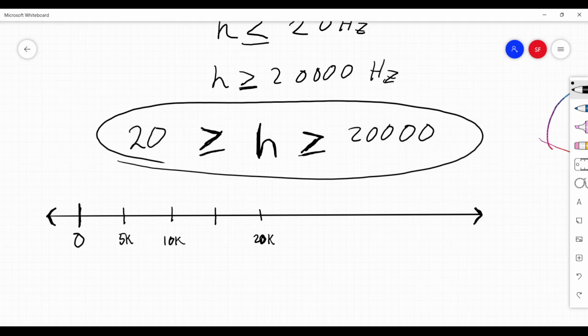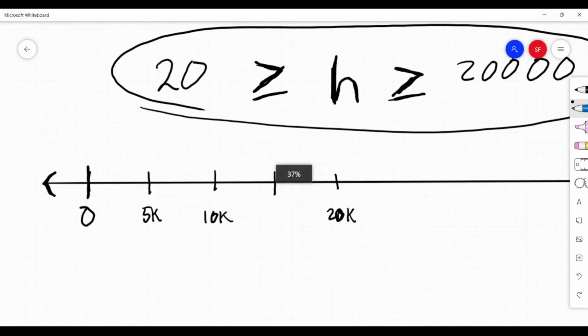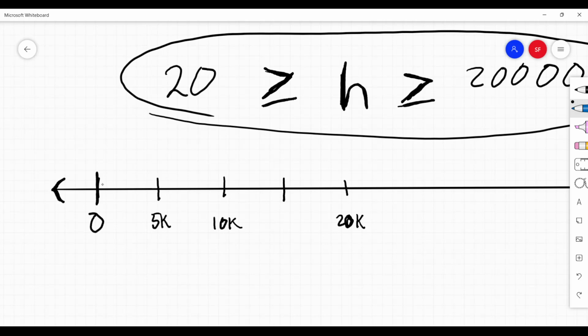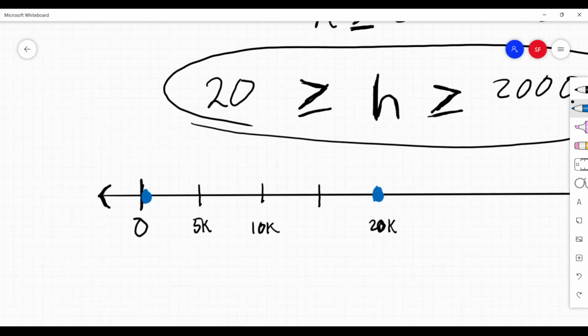Okay. So now we've got to figure out what our bubbles are going to look like. We're going to have filled in circles or open circles or both. Filled in circles. Now the H is less than 20, so it goes this way.